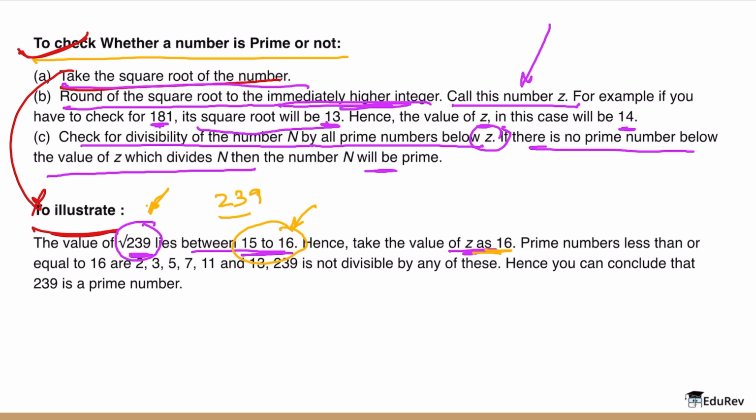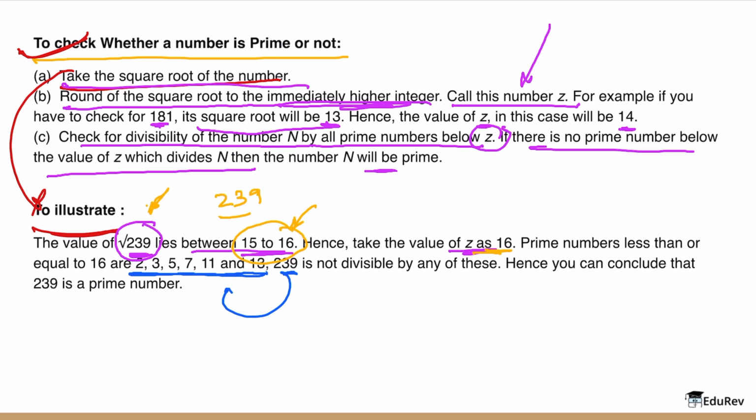Now what you need to do is write all the prime numbers which are less than or equal to 16. So all the prime numbers less than or equal to 16 are 2, 3, 5, 7, 11 and 13. And now I have to check whether 239 is divisible by these numbers or not. If it's not divisible by any of these, then it's a prime number. If it's divisible by any one of these, then it's not a prime number.